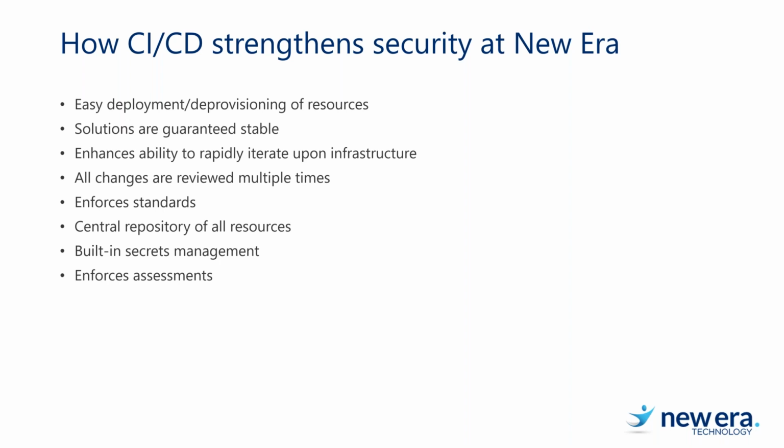We have an enhanced ability to rapidly iterate upon infrastructure. This really can't be understated enough. When it comes to rapid iteration, we not only are able to take a change, like for example, a few months ago, Log4Shell was a critical vulnerability that was discovered in the wild that took advantage of a Java logging library called Log4j, and it allowed for remote code execution. So a patch was pushed out for any service that uses Java, and we were able to push this patch out within hours because of our ability to rapidly deploy any change.